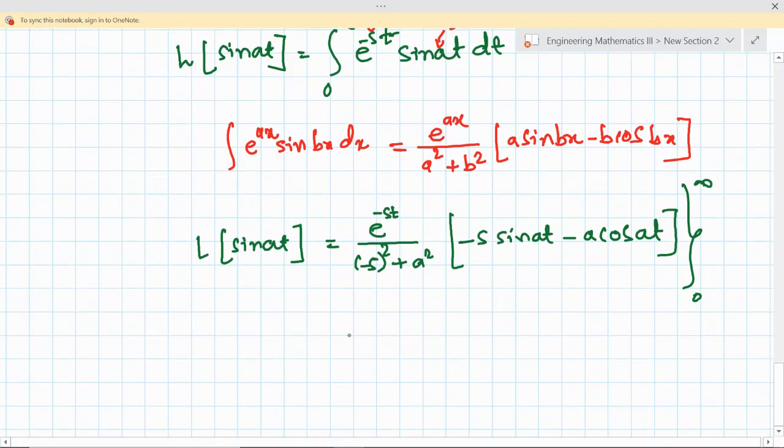Okay, so if we apply the upper limit, I'll get 0 because e raised to minus infinity is 0, minus e raised to 0 is 1, so therefore 1 upon s square plus a square is there in bracket.